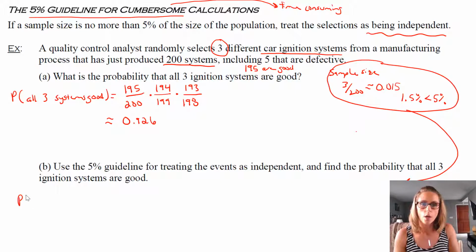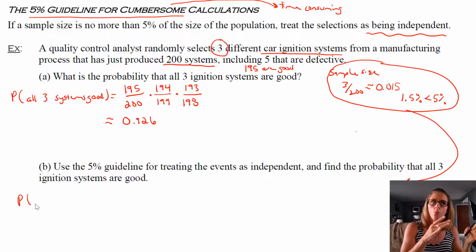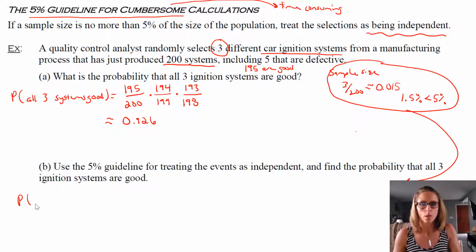So essentially what that means is we're treating it like we are replacing the system. So what it means is we don't think about the fact that we've taken one out. That's not part of our math.